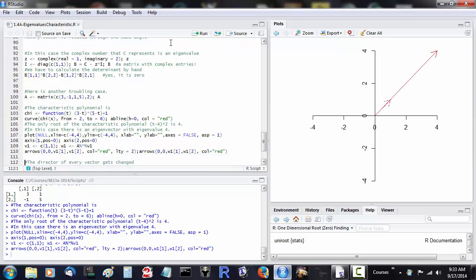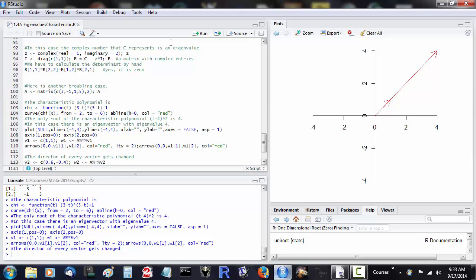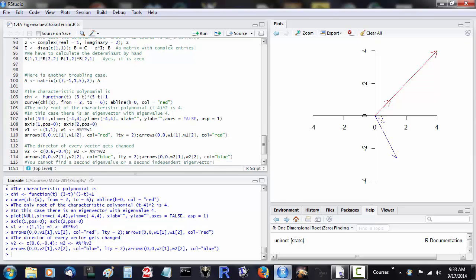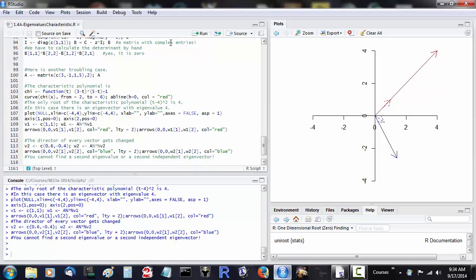And there it is. The eigenvector is 1, 1. It gets multiplied by 4. Any other vector, the direction gets changed. I picked one rather arbitrary example, but trust me, there's no way you're going to find a second eigenvalue. There is no second root to this characteristic polynomial, nor can you find a second independent eigenvector.